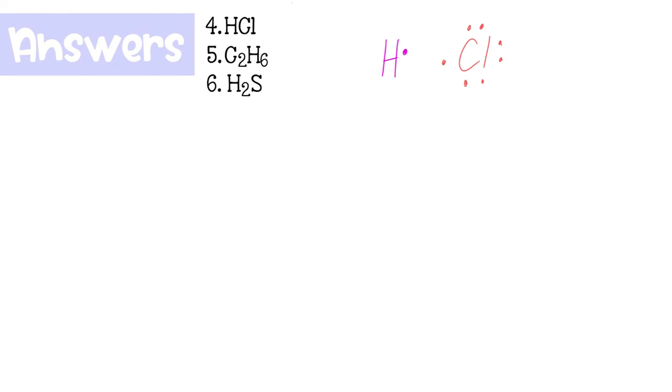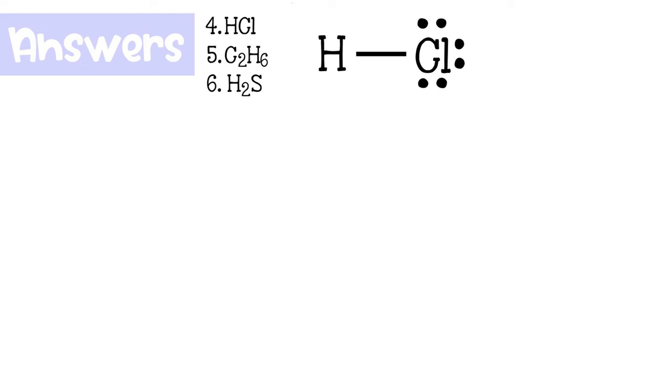In order to fill its octet rule, so have 8 electrons being used, it needs to share its lone electron. So the H and the Cl are going to share the pair to make a bond, and now hydrogen has 2 and chlorine has 8.